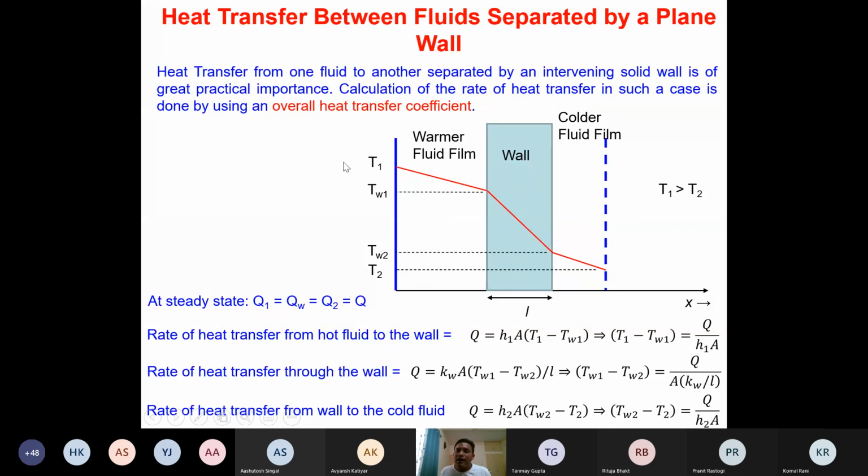The temperature T1 is the temperature of the bulk of the warmer fluid. Temperature T2 is the temperature of the bulk of the colder fluid. TW1 is the wall temperature on the side of the warmer fluid, and TW2 is the wall temperature on the side of the colder fluid. And the typical temperature gradient you can see is something like this, isn't it?